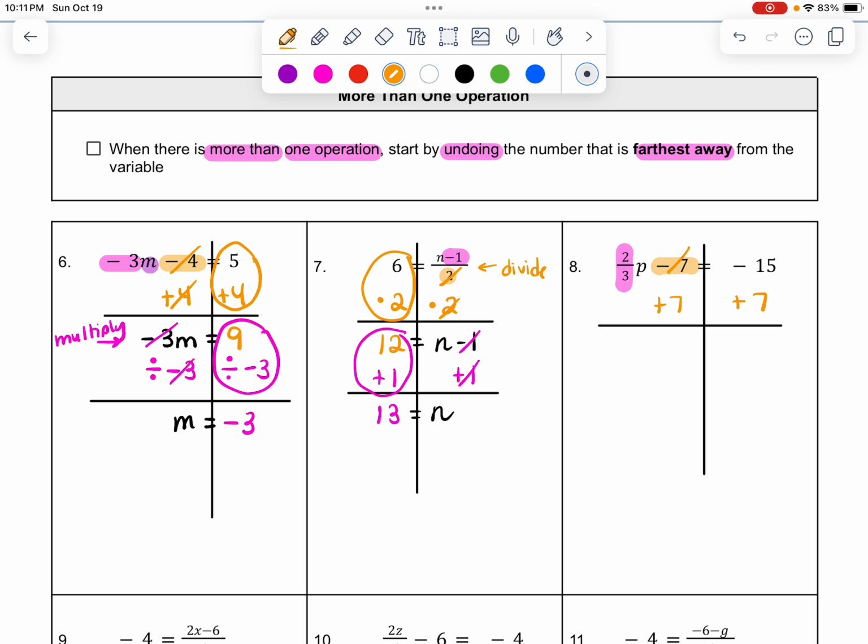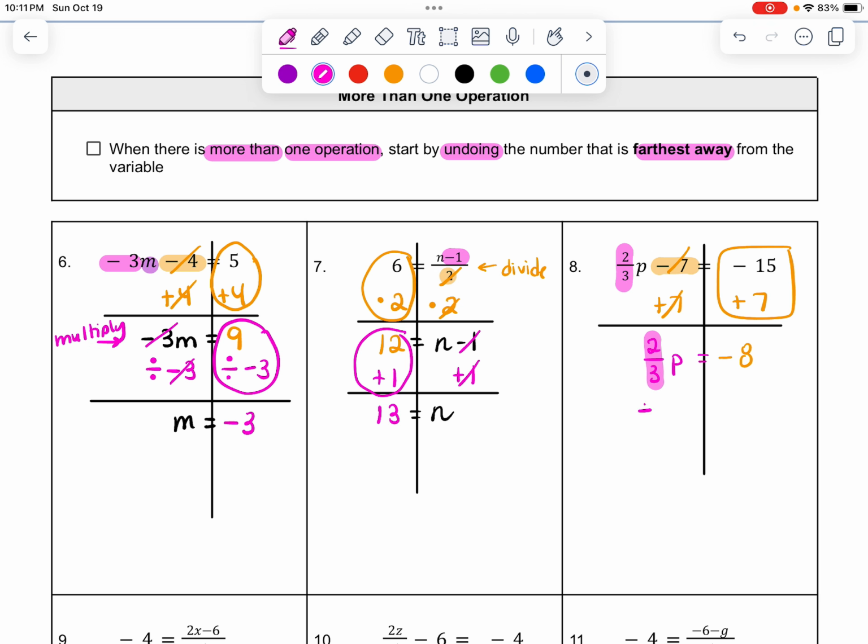The 7 cancels the 7, and we get 2/3 p, just drops down, equals negative 15 plus 7 gives me negative 8. Now I need to undo this 2/3. Now when the 2/3 is right next to the p like that, it means multiplication.